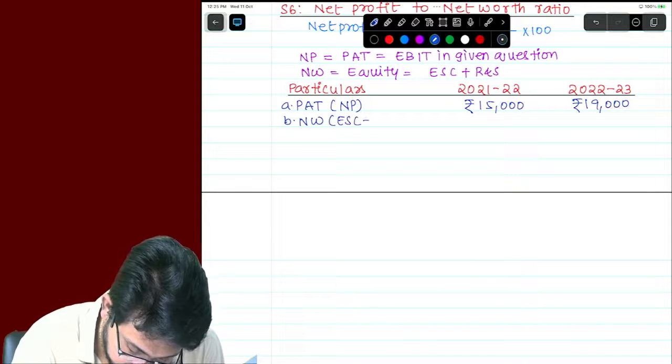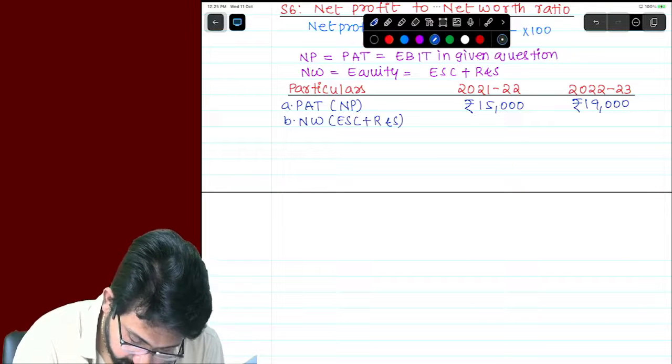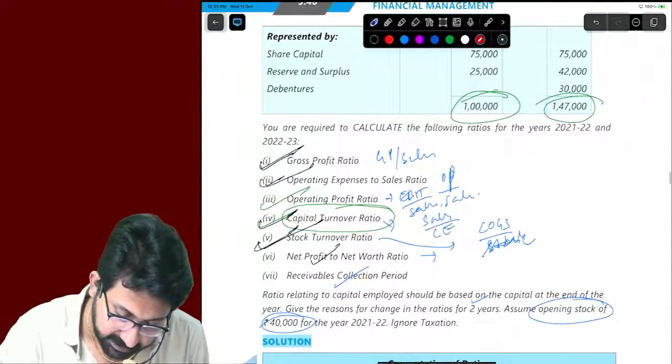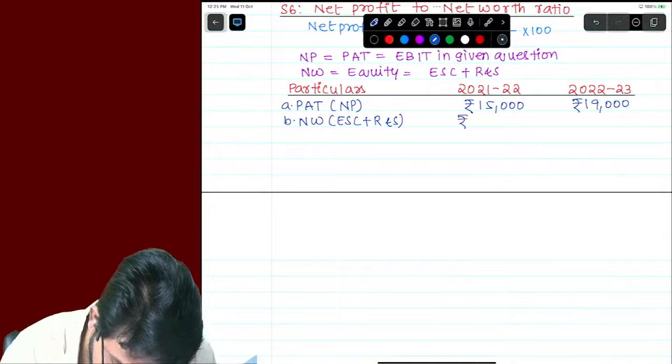What is the net worth? Equity share capital plus reserves and surplus. See the question. What is the equity share capital? 75,000 plus 25,000, how much is it? Rupees 1 lakh.